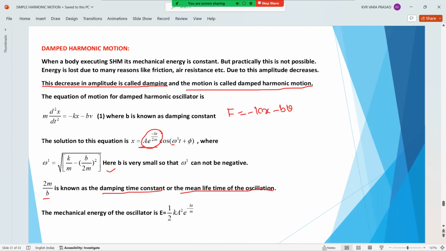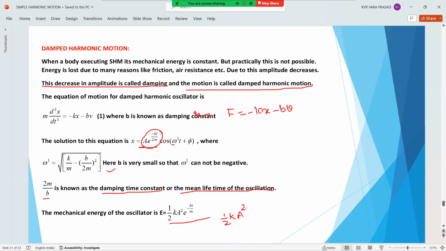Earlier we have written half k a square.